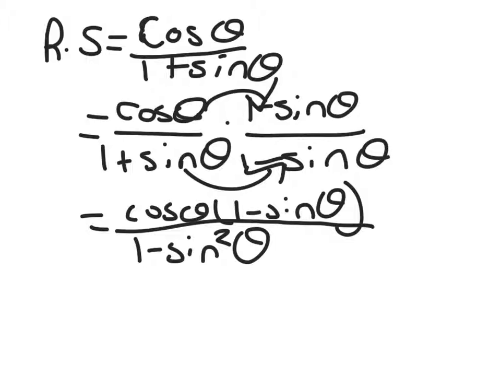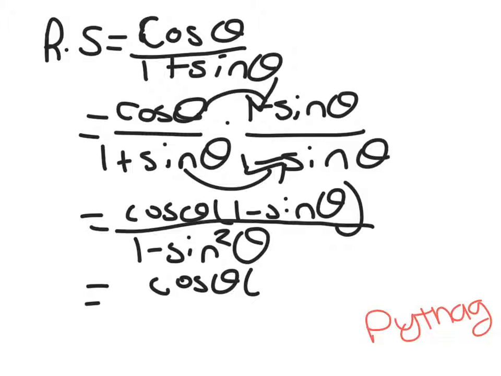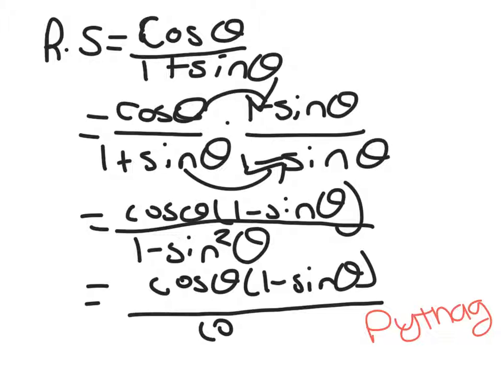And from the Pythagorean law, we know that our 1 minus sine squared theta is equal to cos squared theta. So we're left with cos theta times 1 minus sine theta all over cos squared theta.